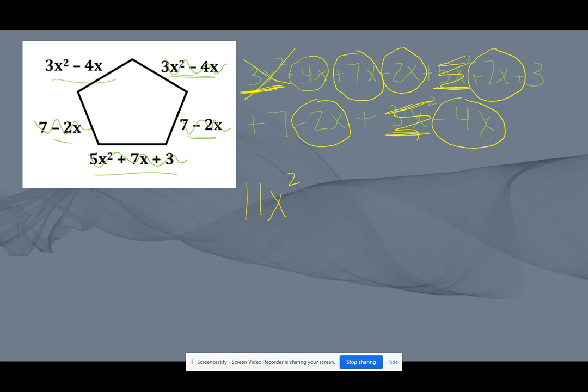Next I have negative 4x plus 7x minus 2x plus 7x minus 2x minus 4x. So we have negative 4 plus 7 is positive 3, minus 2 is positive 1, plus 7 is positive 8, minus 2 is positive 6, minus 4 is positive 2. So we're left with just positive 2x.